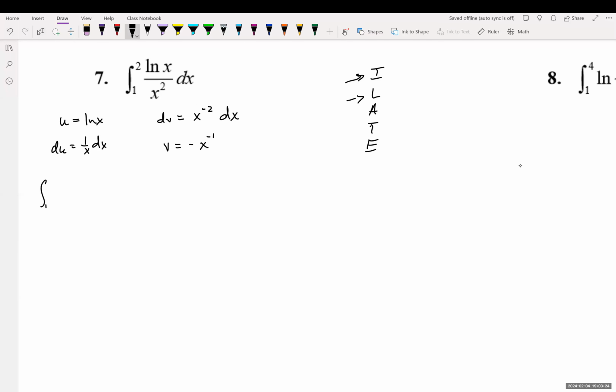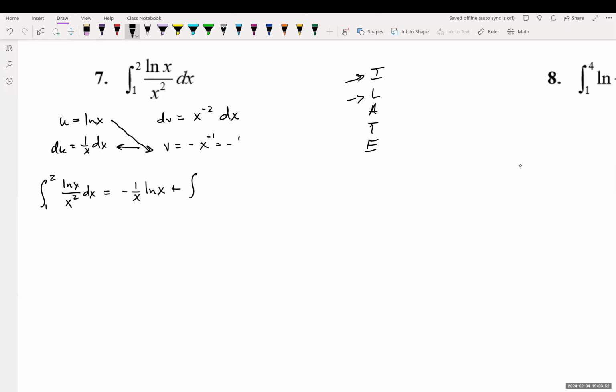So we're integrating from 1 to 2, ln x over x squared dx, and that equals uv. So that's going to be negative 1 over x ln x minus the integral of v du. Well, I have a negative here and a negative here, so we'll just go ahead and make that a positive integral.